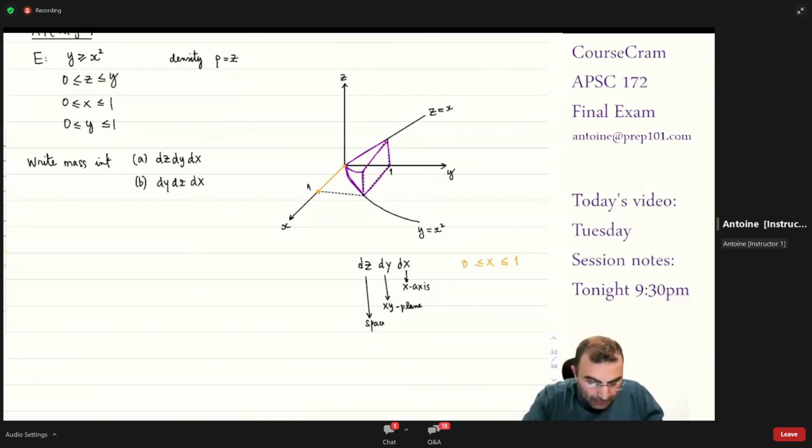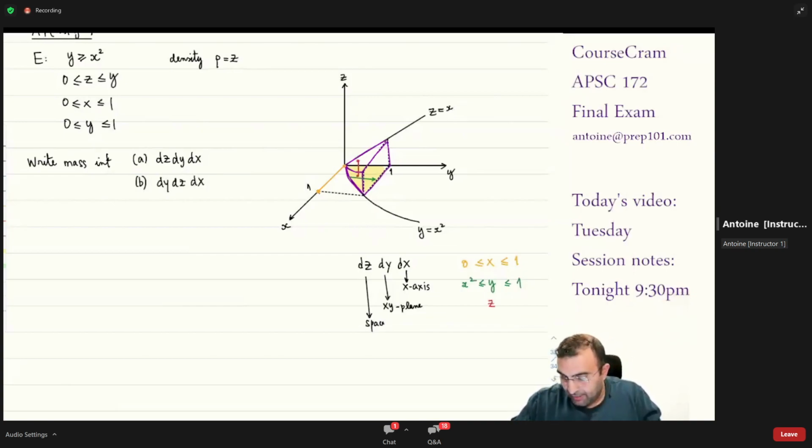In the xy plane, we're here. So in the xy plane, y is going from y equals x squared to y equals 1. So y is going from x squared to 1. And in terms of space, z starts at the bottom and it goes up till this plane.